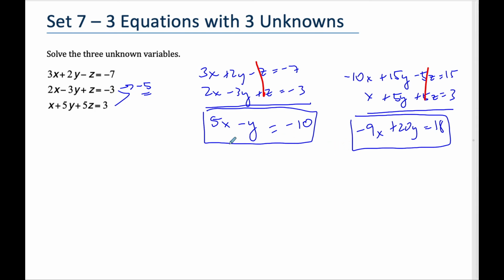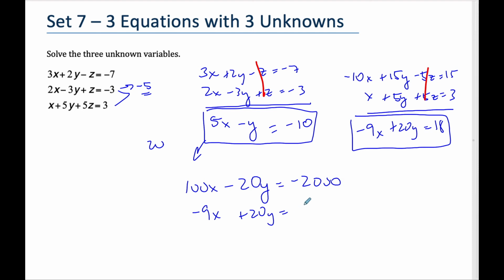And so this is similar to what we did last year. And if we look at our variables, I know I have a negative y and a positive 20. So let's take this equation and multiply it by 20. So 20 times 5 is 100x minus 20y is equal to negative 200. And then I have negative 9x plus 20y is equal to 18. I'm going to then add these equations.